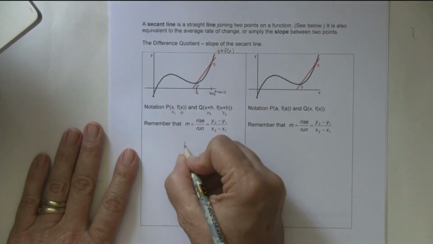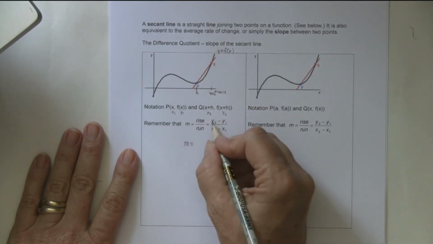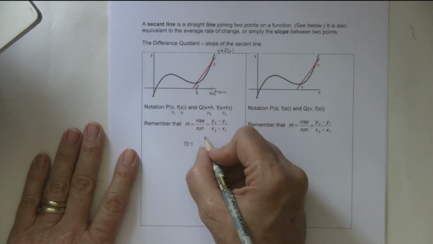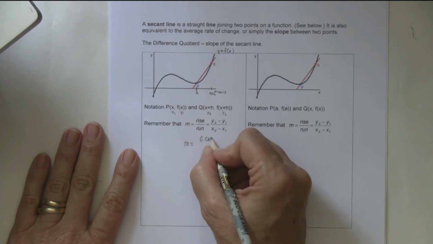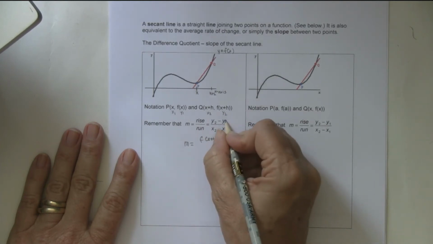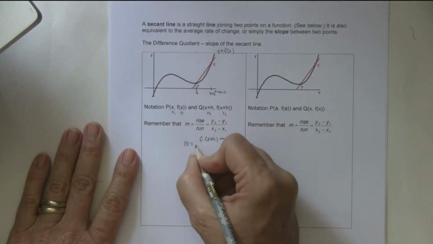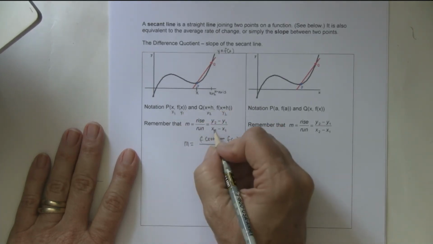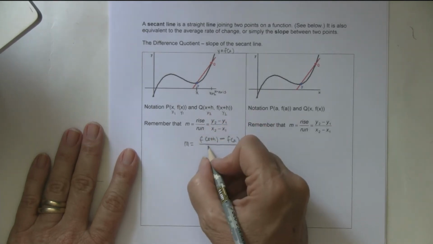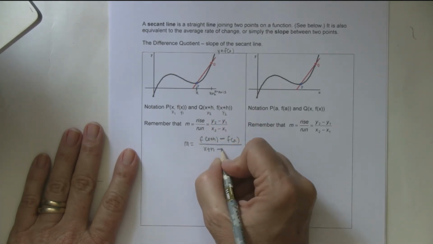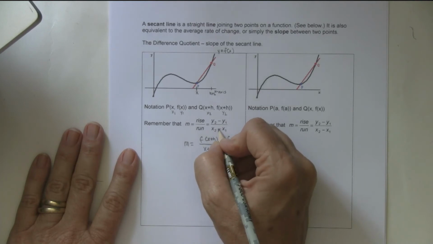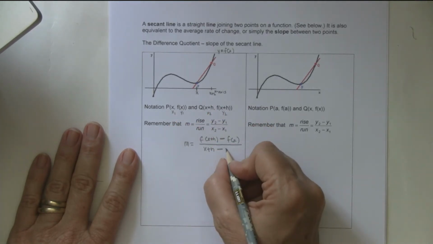And I just use the slope here, which is y2, which is f at x plus h, minus y1, which is f of x, all divided by x2, which is x plus h, minus x1, which is x.